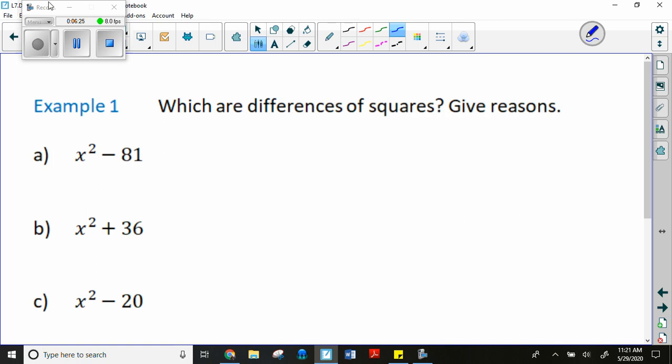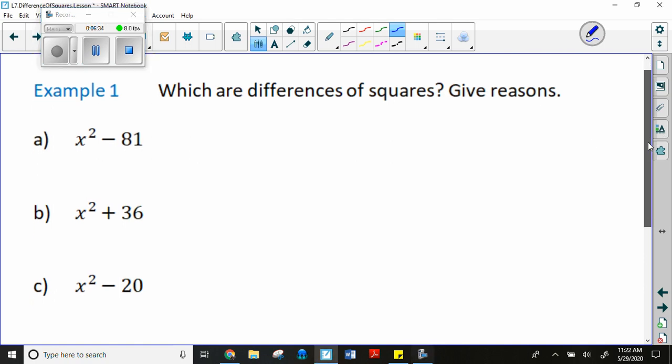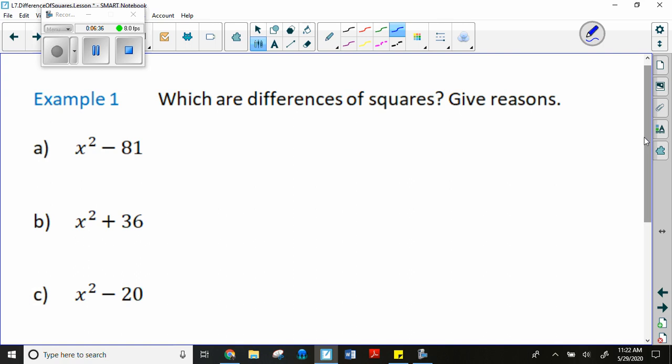So I'm going to make this a little bit longer of a video. You have to be able to recognize when you've got a difference of squares and when you don't. This is the only really tough aspect about these types of questions. The ones where you've got 3 pieces, you do your product sum tree, you find the 2 numbers that multiply and add to give you whatever, and life is good. But with a difference of squares, you're creating brackets that are almost identical, except one is positive and one is negative.